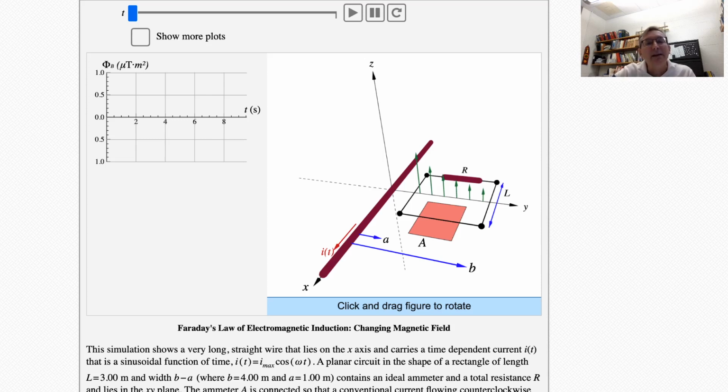So I'm going to run the animation. The current I in the long straight wire is going to change with time. So the magnetic flux phi sub B through the interior of that rectangle is going to change with time. And the animation is going to graph that magnetic flux and show you that it changes with time. It's changing sinusoidally.